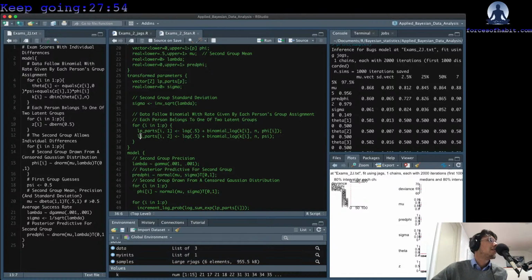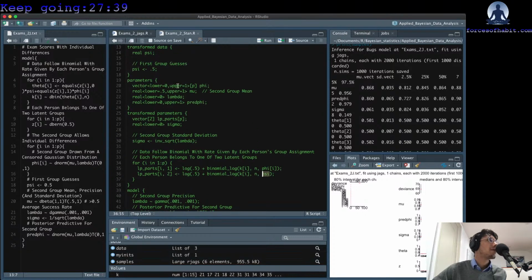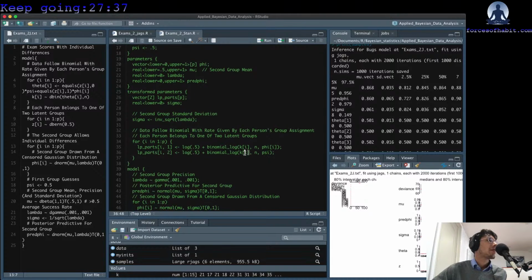And then LP parts 2, binomial log, we have log 0.5 plus binomial log of success and psi, which is 0.5, right? So this is going to give us each person belongs to one of two latent groups with the rate given by each person's group assignment.